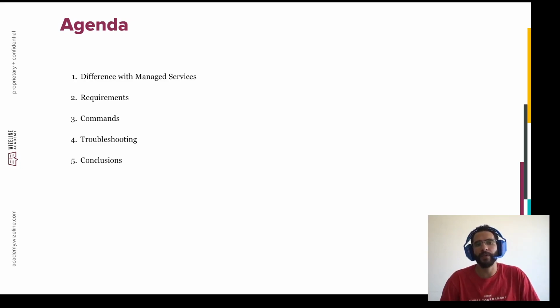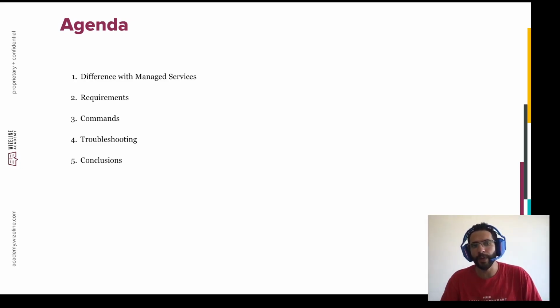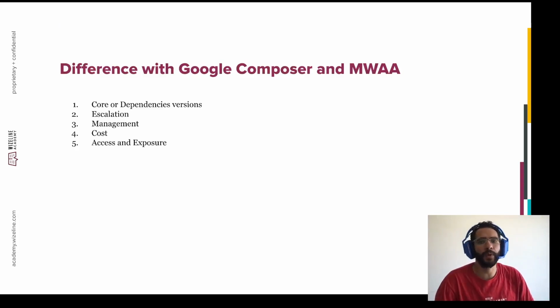And also we're going to cover the requirements for this session, the commands and demo that we're going to run. And we're going to talk a little bit about the troubleshooting that can happen while we are deploying this. And of course, our conclusions.